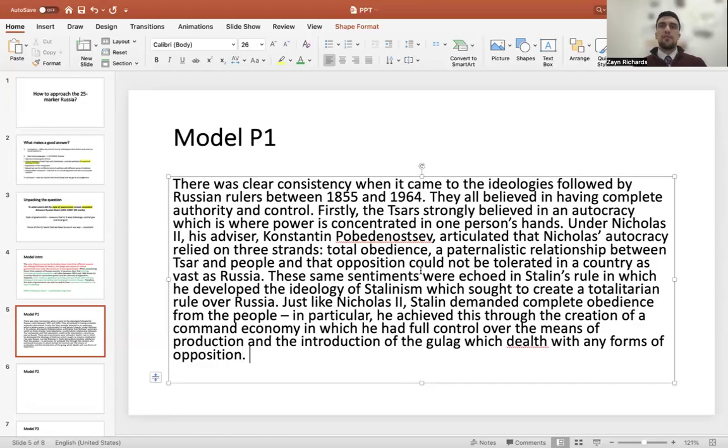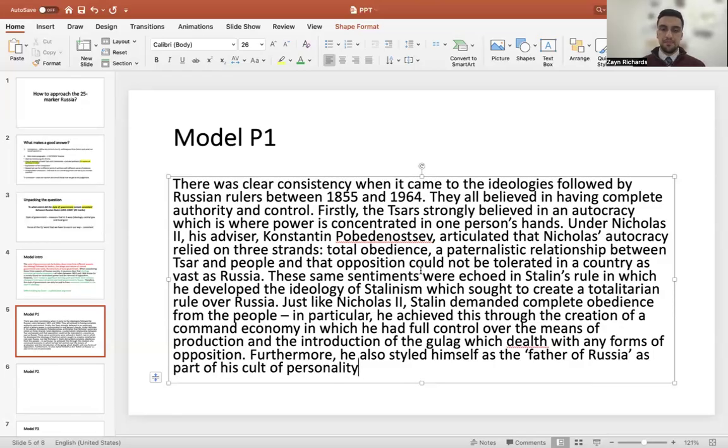So that's basically my first bit of synthesis. I might also say the fact that he also styles himself as the leader, as the father of Russia, as part of his cult of personality. So that's my first point of synthesis.